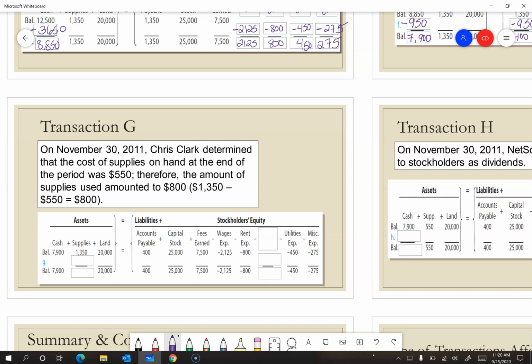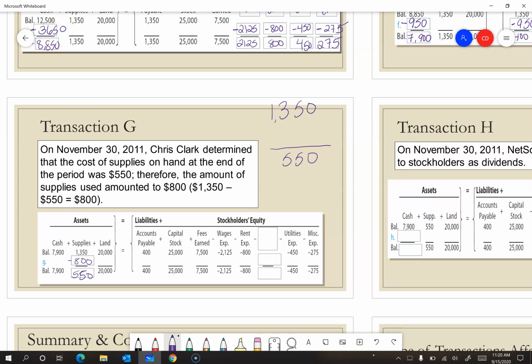We're looking at supplies, and right now we say that we have $1,350 in our supplies account. But we know we only, at the end of the month, have $550 there, okay? So if we plug that in over here, we know that we used up $800.